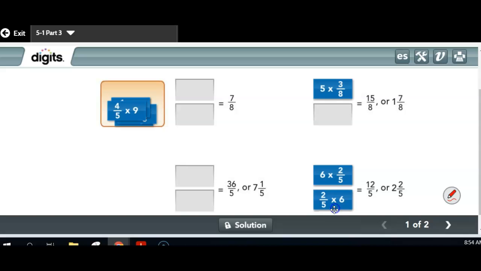That's exactly right. All right, next one. 4/5 times 9. Noah. 7 1/5. 7 1/5. Good.